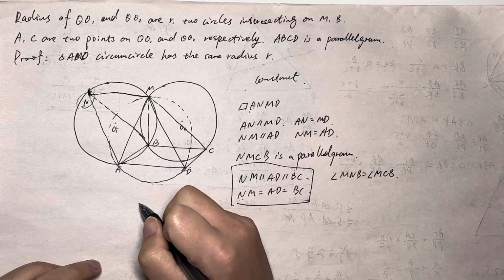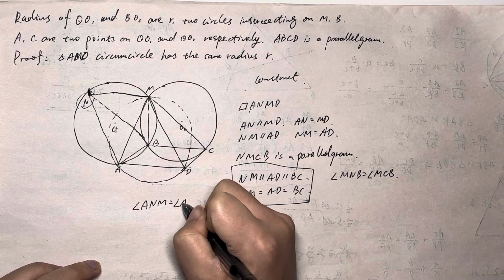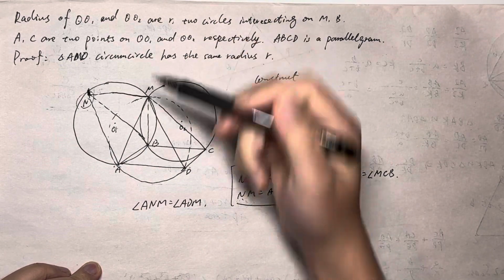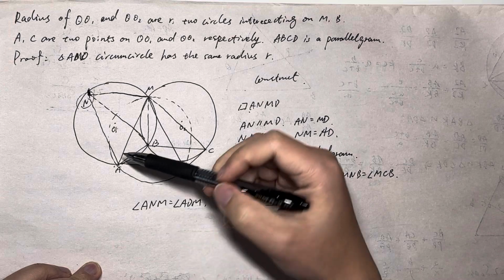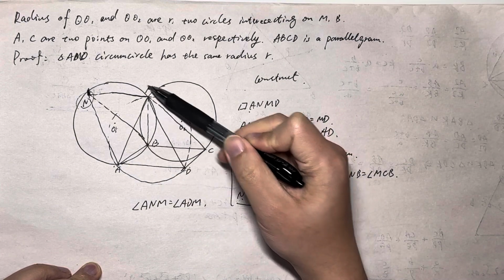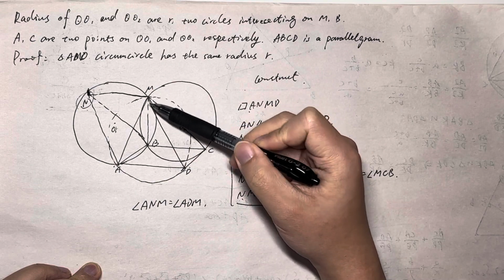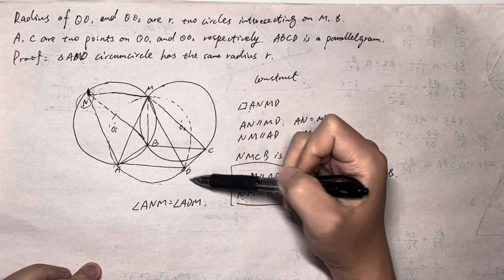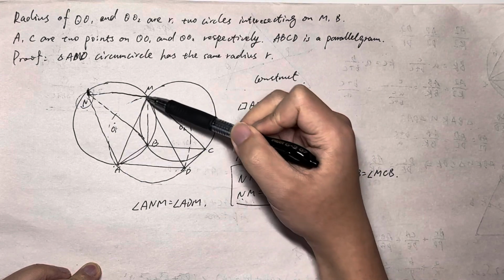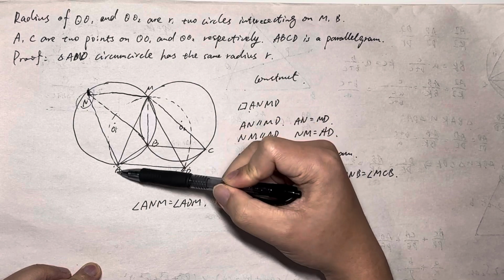And we already know that angle ANM equals angle ADM. Why? Because NADM is a parallelogram, and AM is a common chord for circle O1 and the circumcircle of triangle AMD. Angle ANM refers to the common chord AM.